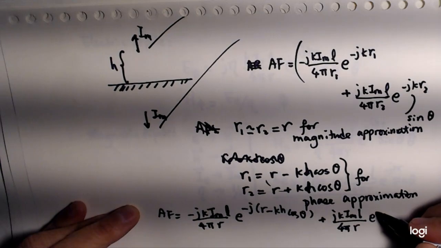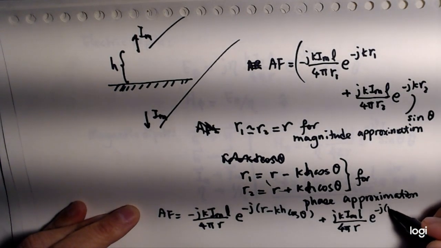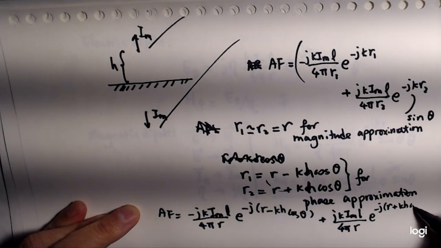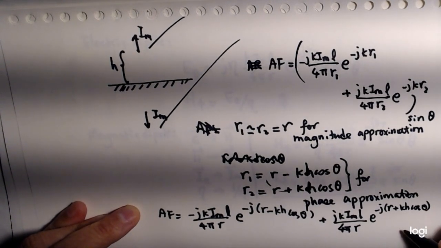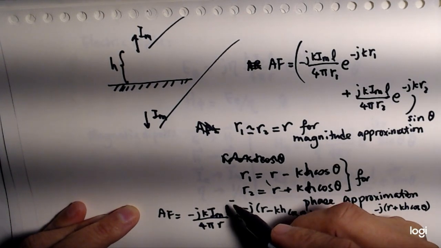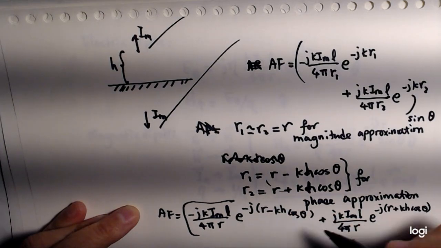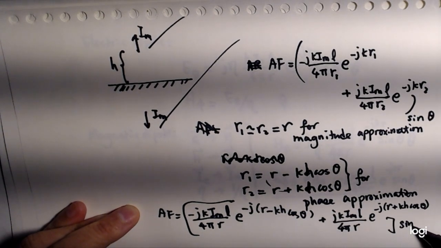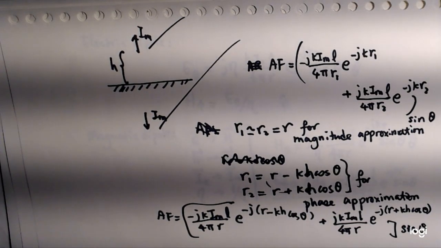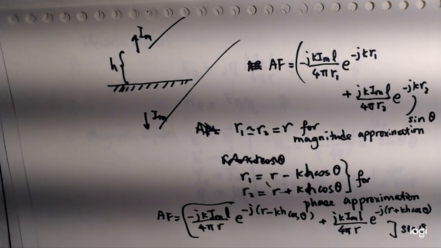And then similarly, R plus kh cosine theta. And then the whole expression will be multiplied by sine theta. So this is the next step. So the final step is just to simplify this expression, I mean this one.